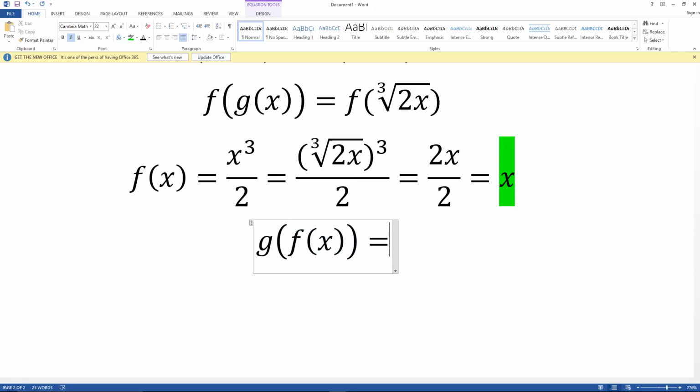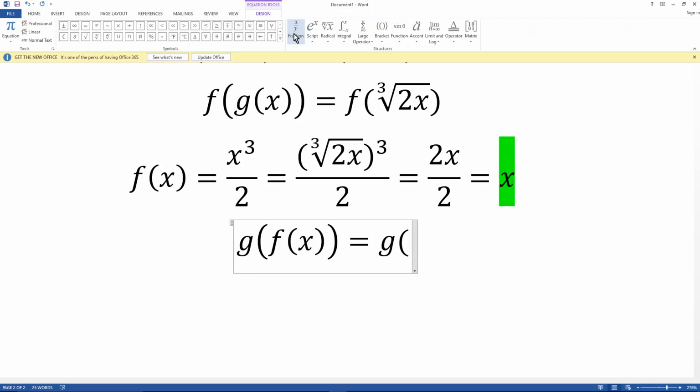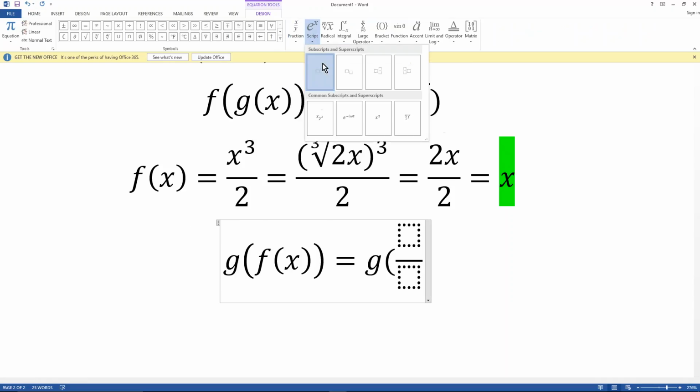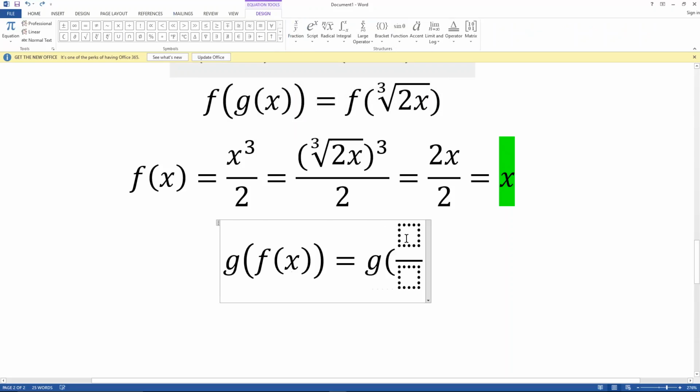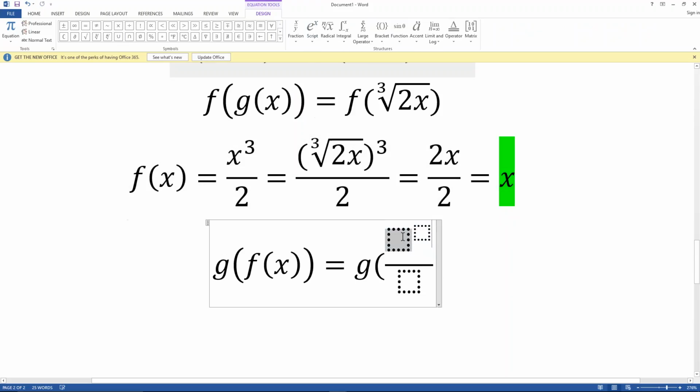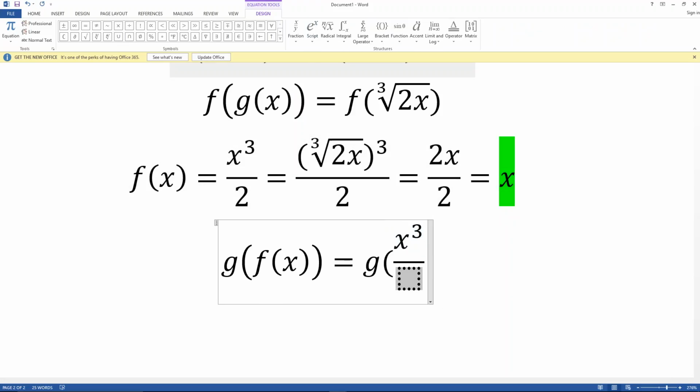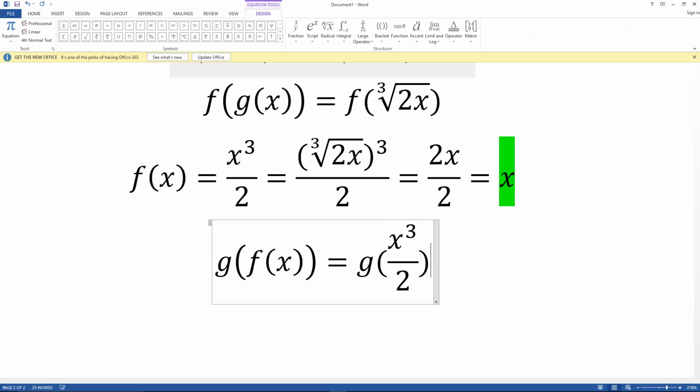Okay. So what is f of x this time? X cubed over 2, right? So now you're going to go to your g function, and everywhere you see an x, you're going to plug in x cubed over 2.